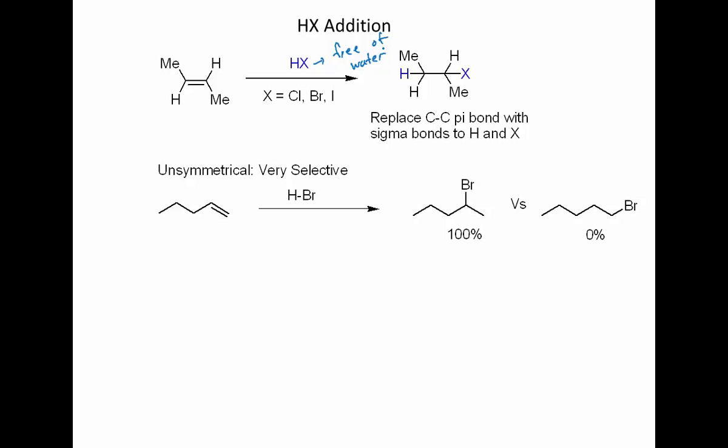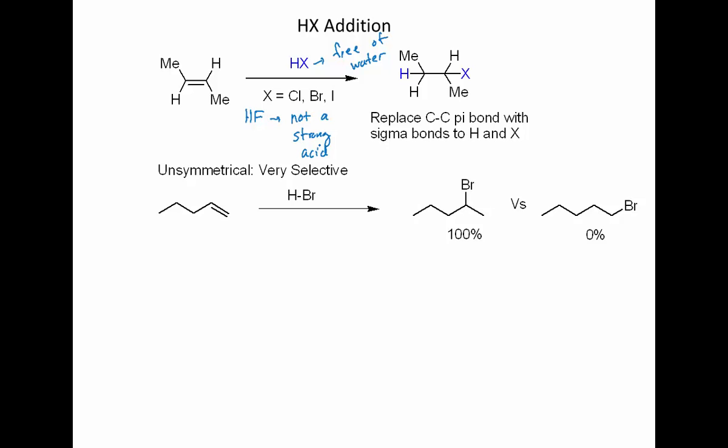Water actually weakens it considerably. We can't use HF because it's not a strong acid. This is another example where we're replacing the C=C pi bond with sigma bonds to H and X. If our alkene is unsymmetrical, we're going to find that we have a very selective reaction.